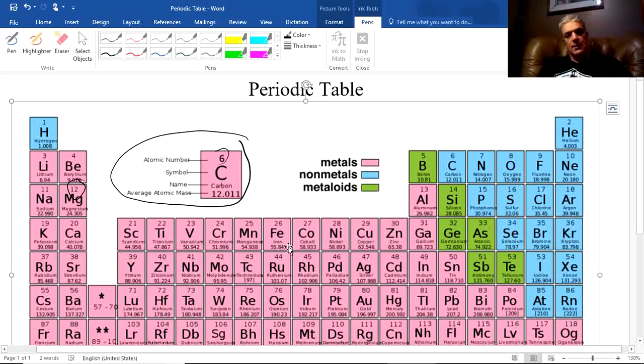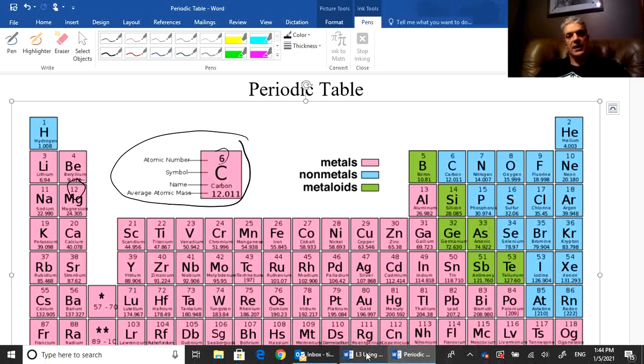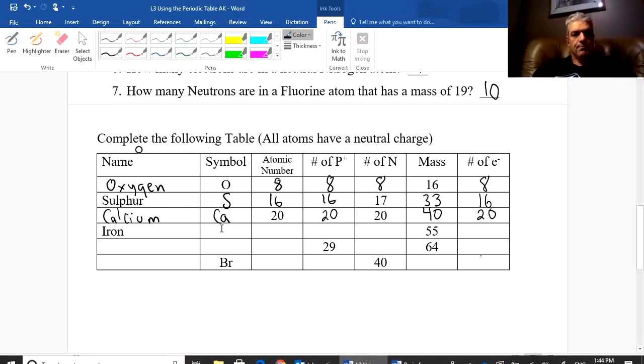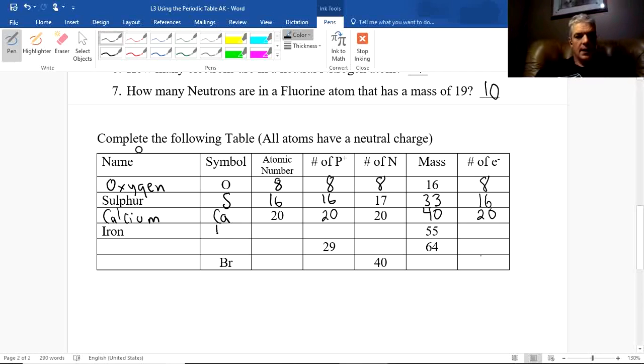Some people are low in iron in their blood and they need to get it, and so they'll sometimes see that Fe symbol. Okay, and the atomic number is 26. Those are the 2 bits of information I need to fill this chart out. So the symbol is Fe, and the atomic number is 26.